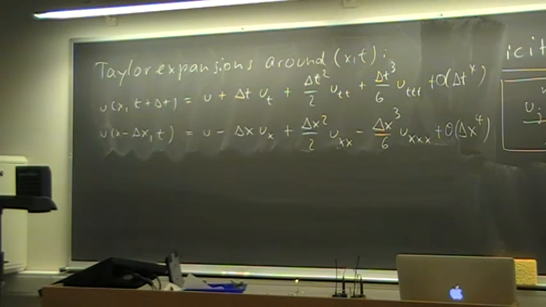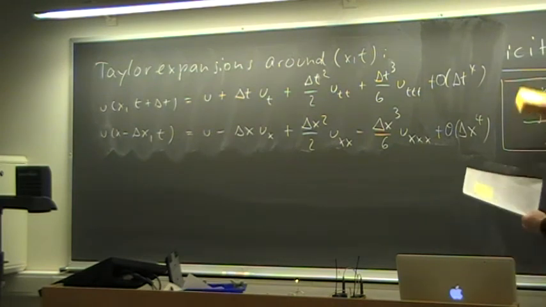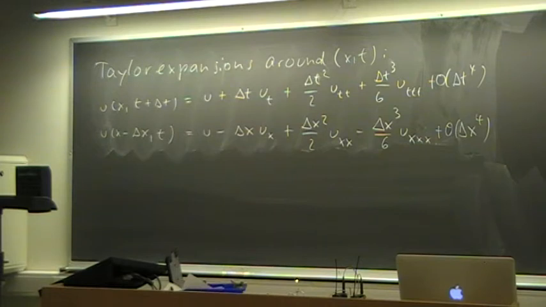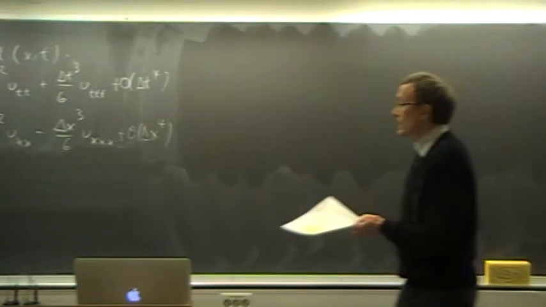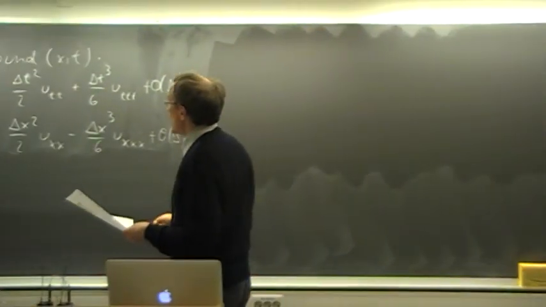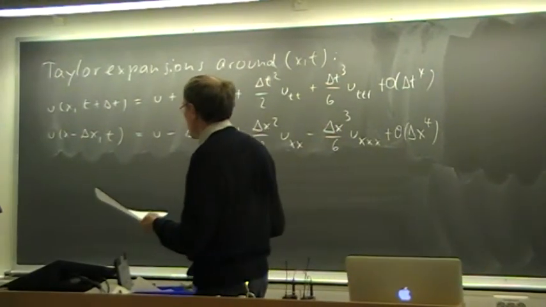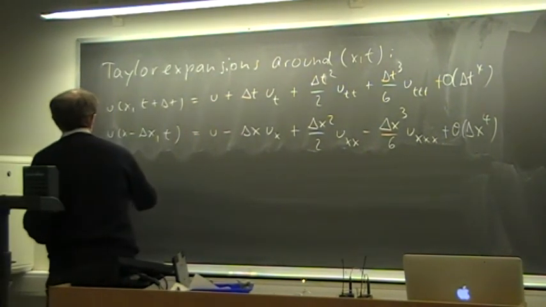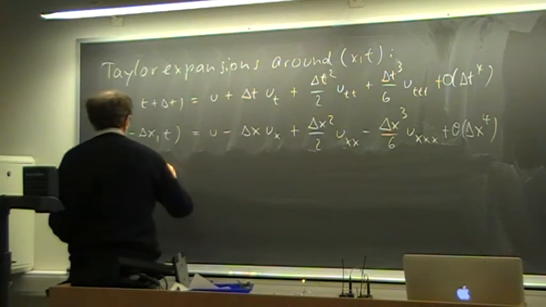So now you insert that into the finite difference method we have here to see what we get. So these Taylor expansions are inserted.